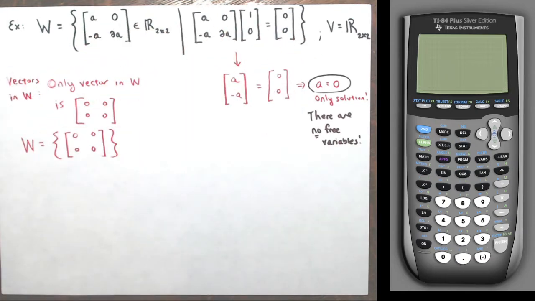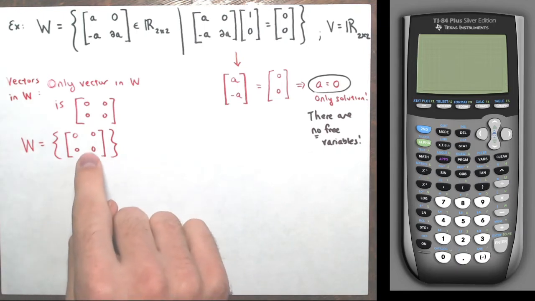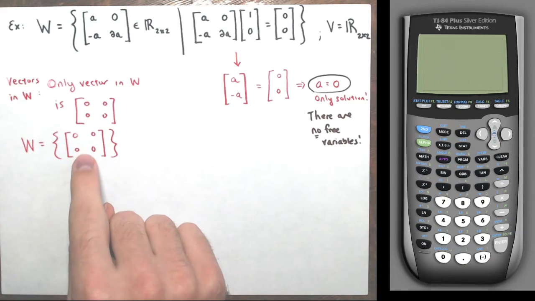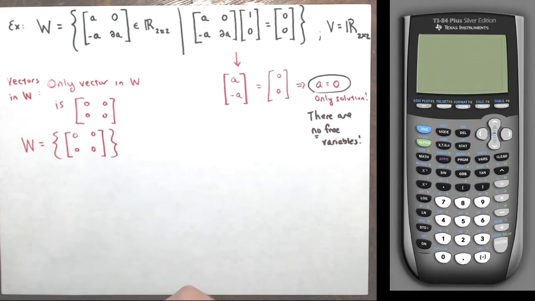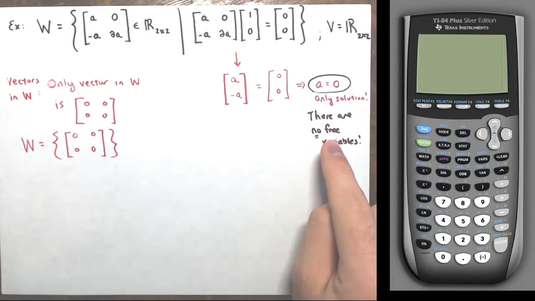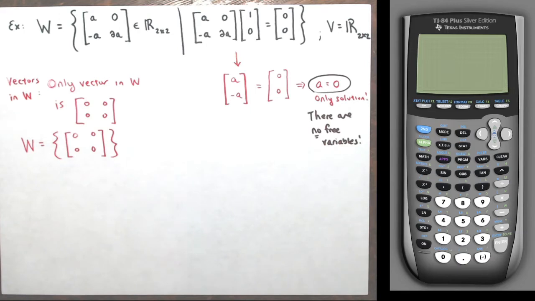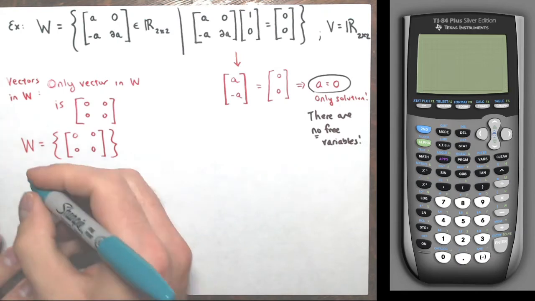And I had brought it up in the videos on Euclidean space, if you've seen those, that the set with only the 0 vector in it, or only the additive identity, is a subspace, but it is said to have dimension 0, because again, there are no free variables here. So I'll make that note again.